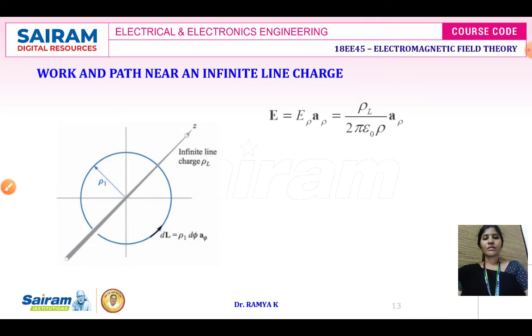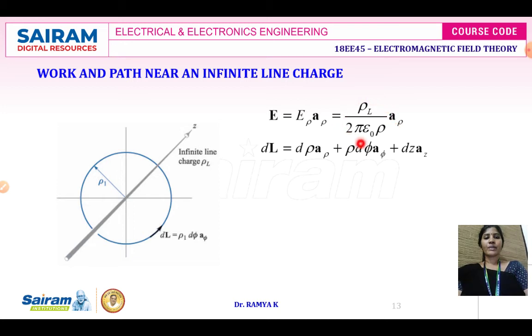Then we know that E = E rho a rho. The electric field intensity for an infinite line of charge is rho L divided by 2 pi epsilon rho, where a rho is the unit vector in the direction of rho.